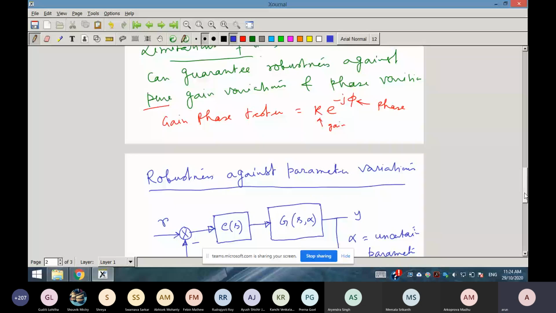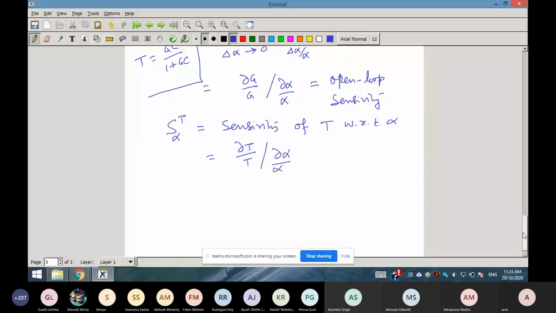So you can derive that. Now one can show that S alpha t equals 1 by 1 plus GC into S alpha g. I am not deriving it here; try it, it is very simple.